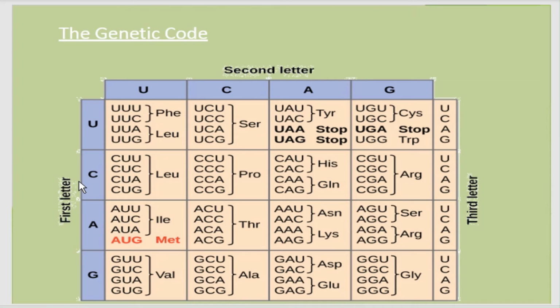The first letter is located here, the letter A. The second letter is U. Look for the second letter, so it's U. It is here. Then, for the third letter, you look at the right side of the genetic table. So letter G. AUG will produce the amino acid called MET or methionine.